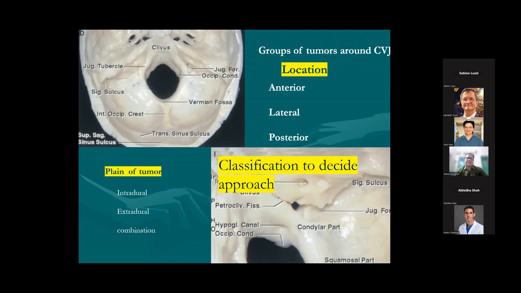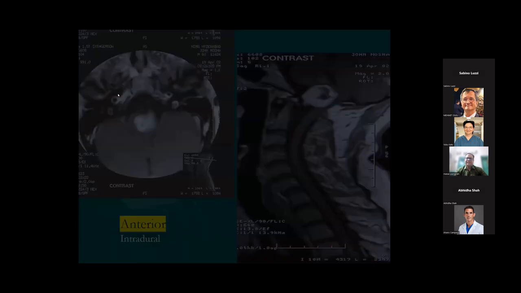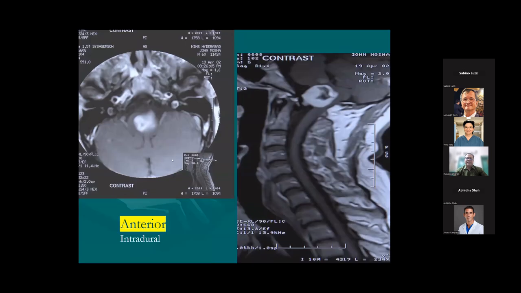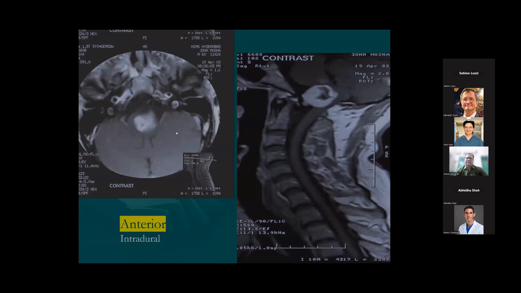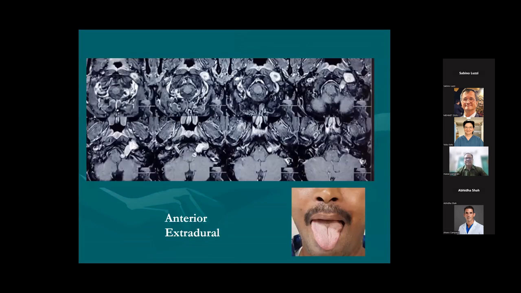I'll give an example of each one. This patient has a purely anterior intradural tumor. These intradural tumors are not good for a transoral approach, as the tumor is seen posteriorly. It is better to do a posterior approach. Whereas this tumor, which is purely anterior and extradural, with a very small intradural extension, has to be done through an anterior approach, and we did a high cervical extrapharyngeal approach.